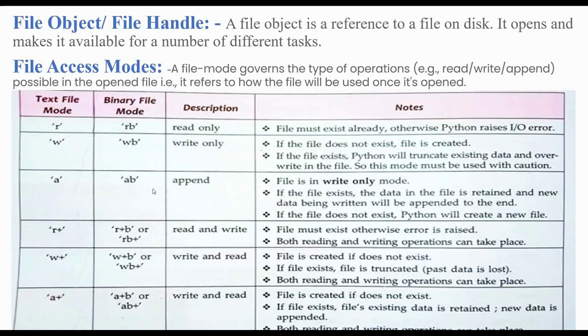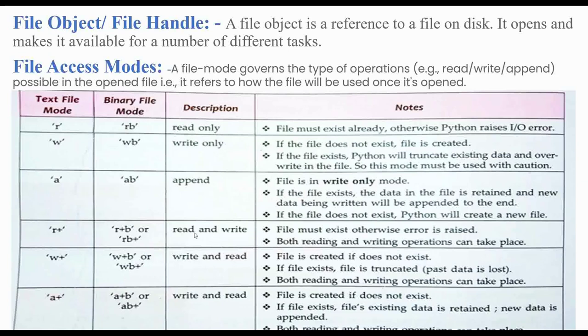AB will only append towards the end of the file, and you have to make sure the file exists. If it does not exist, a new file is going to be created and the data is going to be added into it.